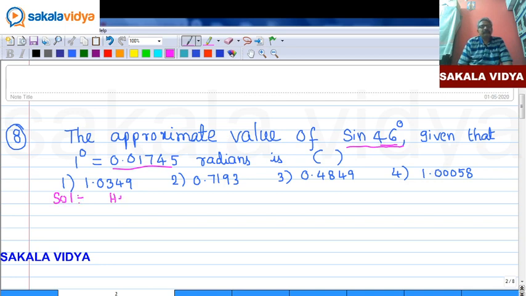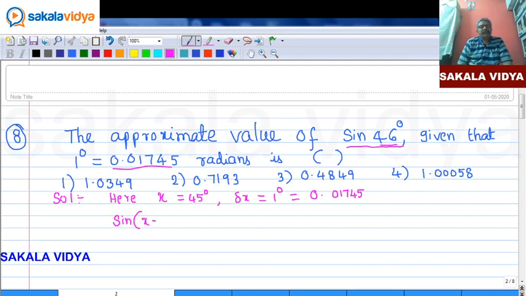Here you say like this, x is equal to 45 degrees, because sine 45 degrees we can find out. Delta x is equal to 1 degree, that value is already given, approximately 0.01745 radians. This is standard, you need to remember. So I will say sine of x plus delta x.